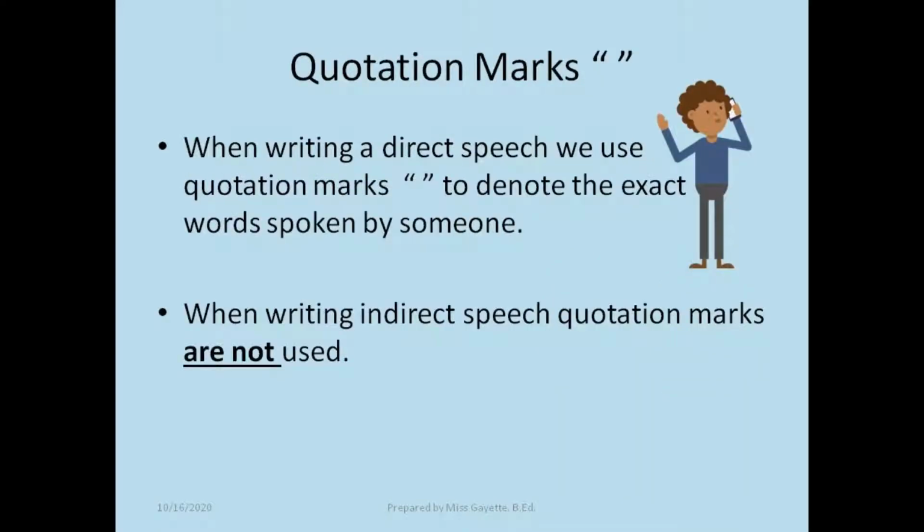To show direct speech, we use quotation marks, double uplifted commas. When writing a direct speech, we use quotation marks to denote the exact words spoken by someone. When writing indirect speech, however, quotation marks are not used.